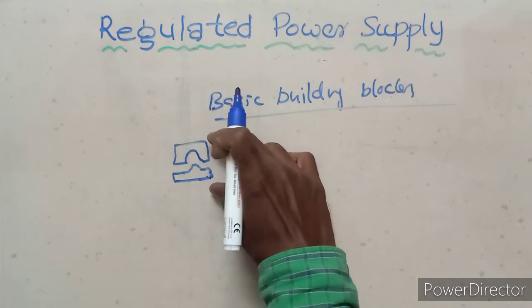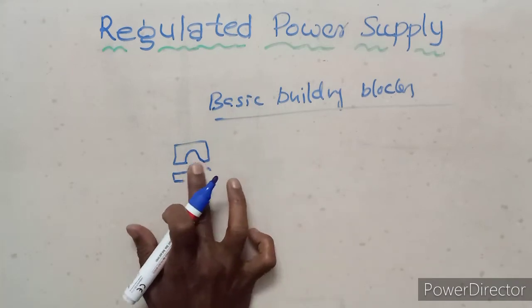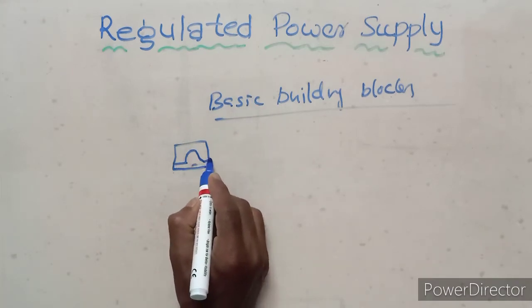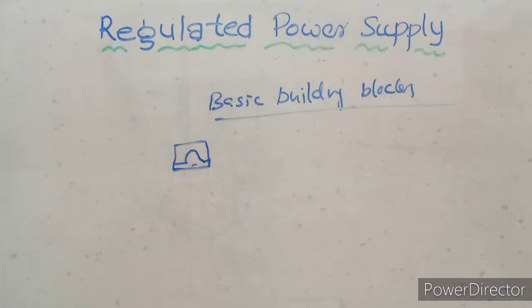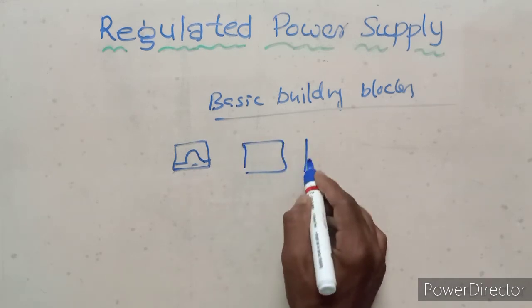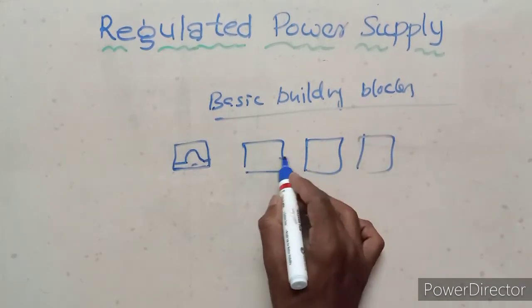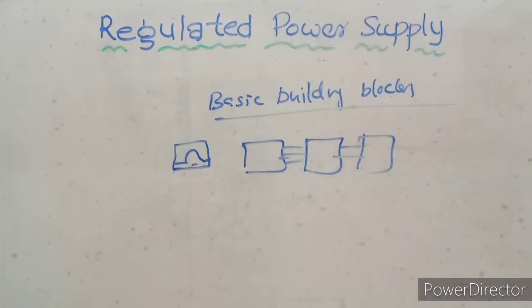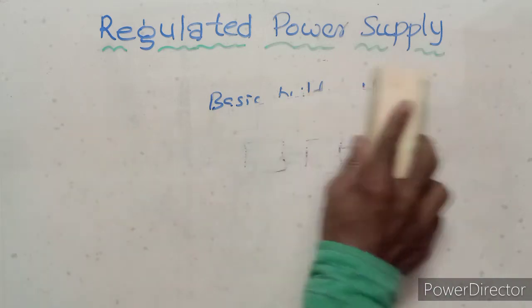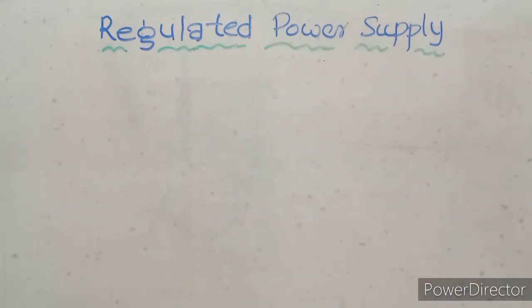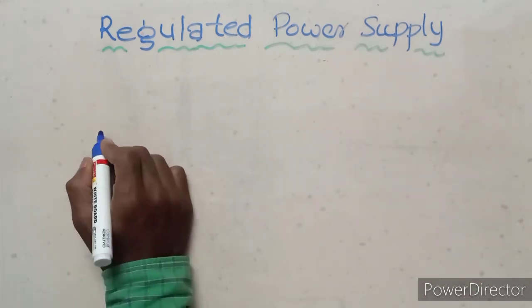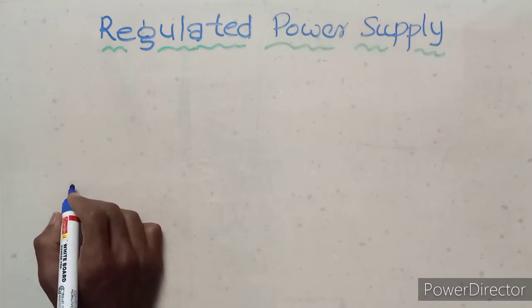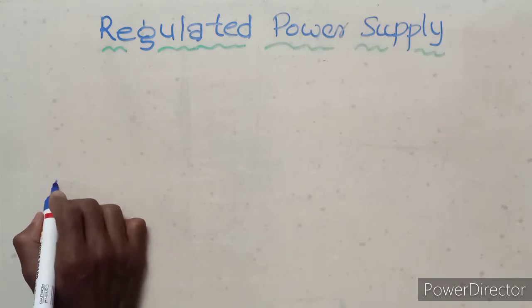So these two are combined, so the diagram is this type. This is the block diagram of the regulated power supply.